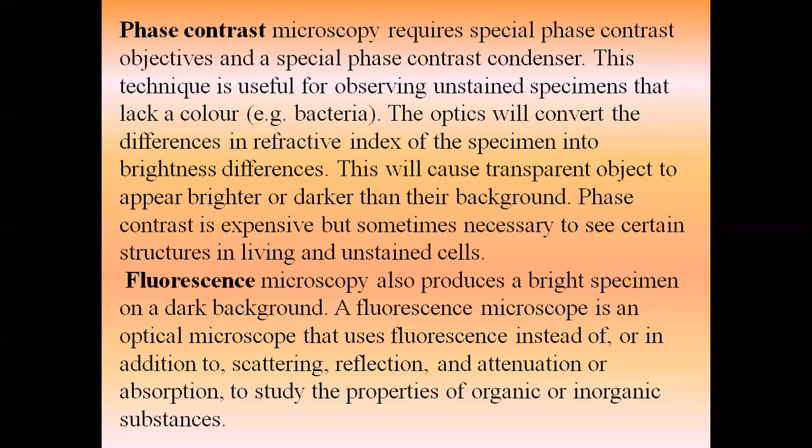As the name says, the samples that we see will fluoresce. Fluorescence microscopy produces a bright specimen on a dark background. The fluorescence microscope is an optical microscope that uses fluorescence instead of, or in addition to, scattering, reflection, and attenuation or absorption to study the properties of organic or inorganic substances.